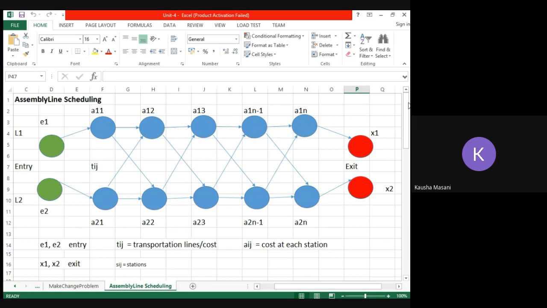Now, I suppose everybody remembers what E1, E2, X1, X2, A of ij, P of ij are. Everyone remembers that? Yes or no?